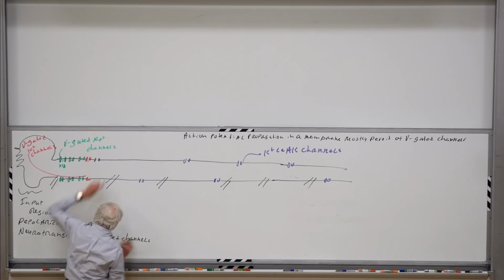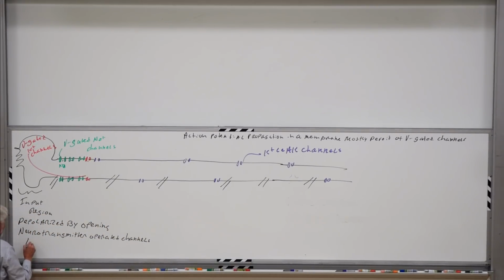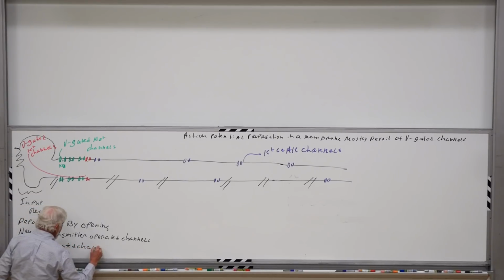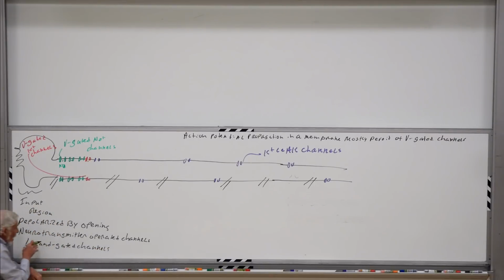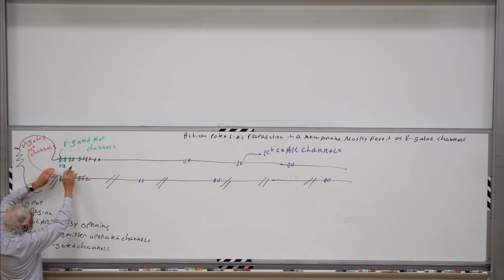Another name for these neurotransmitter operated channels is the ligand-gated channels. They're opened by binding a neurotransmitter. Those are separate and distinct, and we'll talk a lot about their physiology, but those are separate and distinct from these voltage-gated channels we find here.